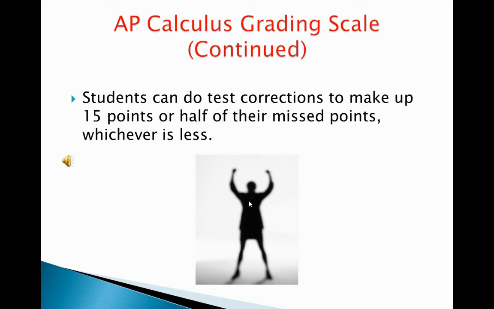So for example, if a student got a B on a test, they can do test corrections, and we usually do that in class. They can do corrections, and that'll pick their grade up to an A. So I always tell students, if you get an A or a B on a calculus test, that's really, really good, because after corrections, that will be an A. If, for example, you get a C on a test, after test corrections, that'll boost you up to a B.